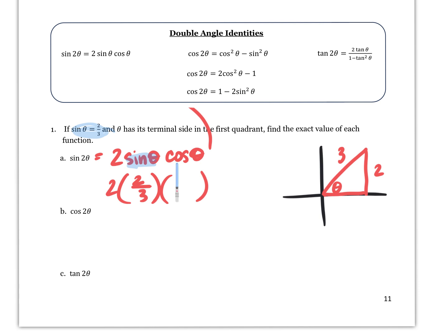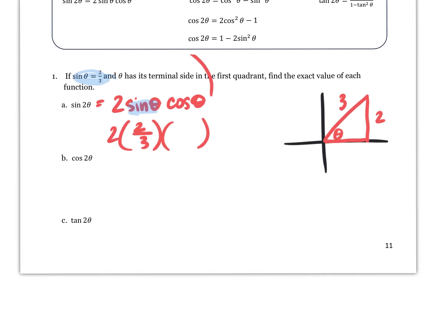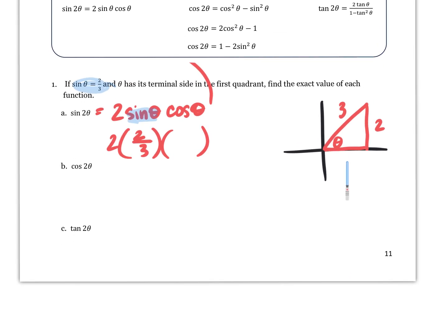times the cosine of theta. Based on this picture, what would the cosine be, or what do I need to do to get the cosine? Yeah, we have to do the Pythagorean theorem in order to get this adjacent side. So are you cool if we say a squared plus 2 squared is going to have to equal 3 squared? A squared equals 5.